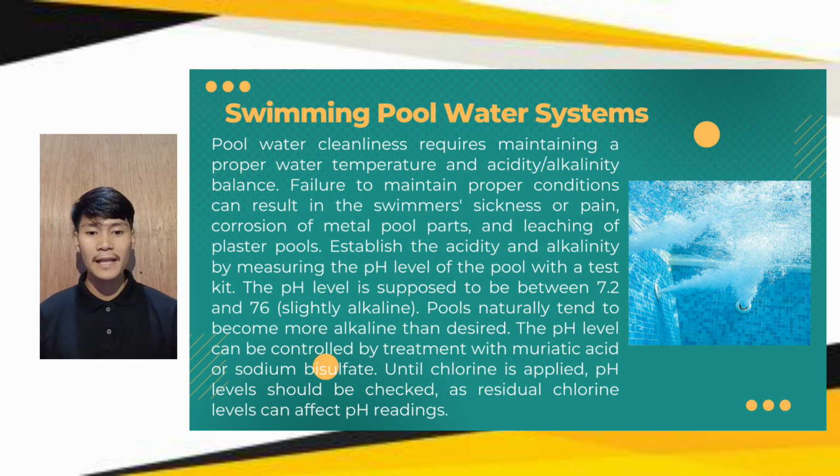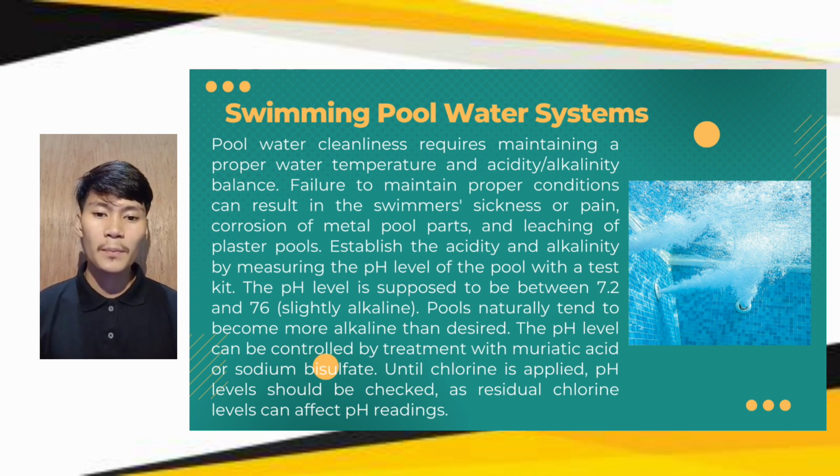If the pH level gets higher than 7.8, the water is becoming too alkaline. When the water is too alkaline, it reduces the effectiveness of the chlorine, the pool chemical that kills pathogens. Water with a pH that is too high can also cause skin rashes, cloudy water, and scaling on pool equipment.